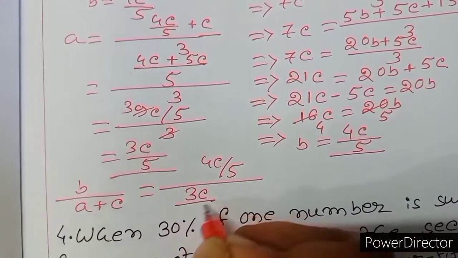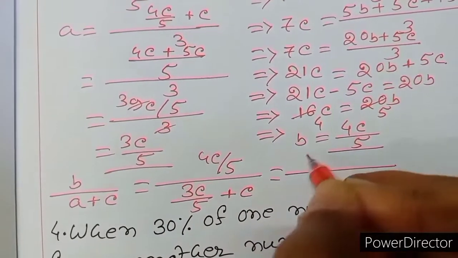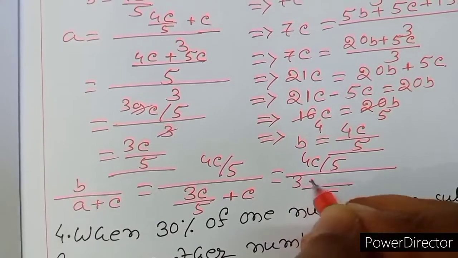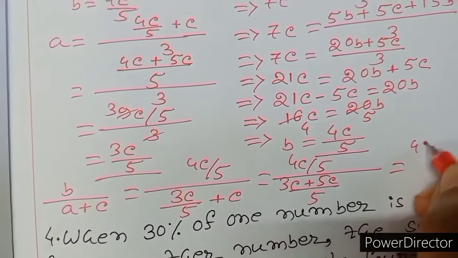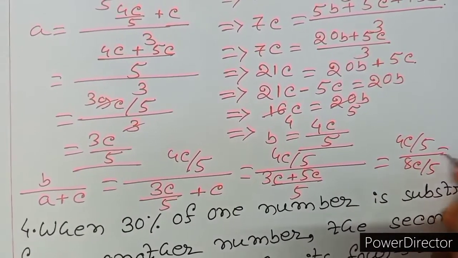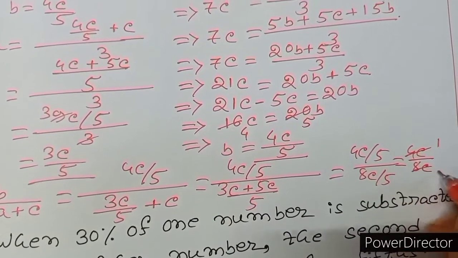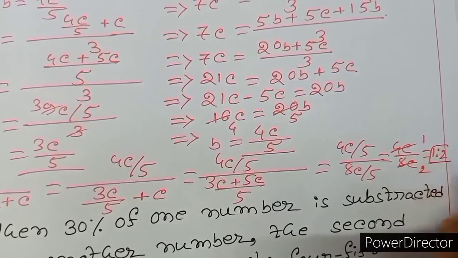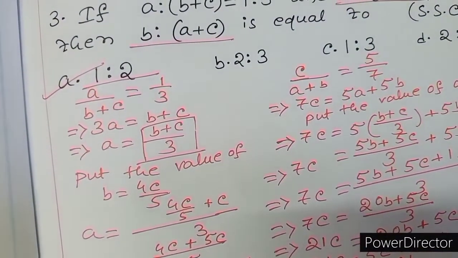A means 3C by 5, so we write here 3C by 5 plus C. That is 4C by 5 over 3C plus 5C by 5, which is 4C by 8C, which is 1 by 2, equal to 1 is to 2. So the answer is 1 is to 2.